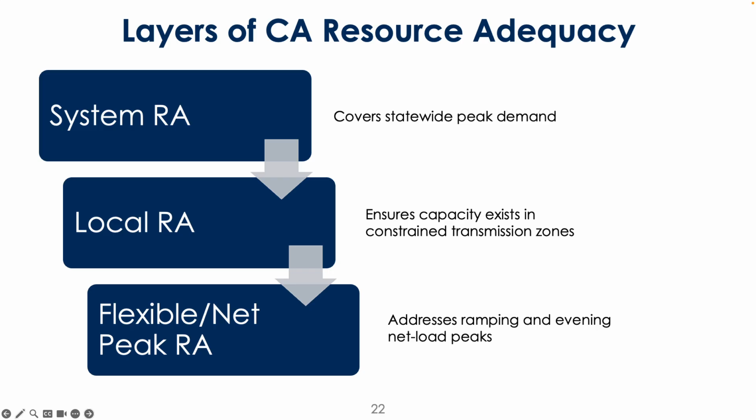And then flexible or net peak RA is a different level that thinks specifically about ramping and evening net load peaks. We think about things like the duck curve as a pretty unique situation to California, based on its generation portfolio. And so this type of resource adequacy can help deal with a big ramp event by having flexible types of resources.